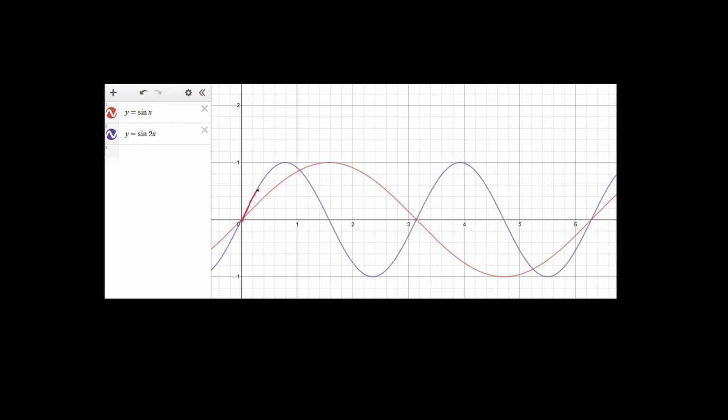The period of the blue line is half of what the regular sine function is. And so we can conclude the period of the blue line is half of the period of sine. And so this period is just pi.